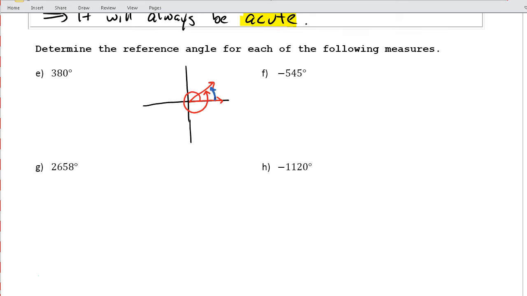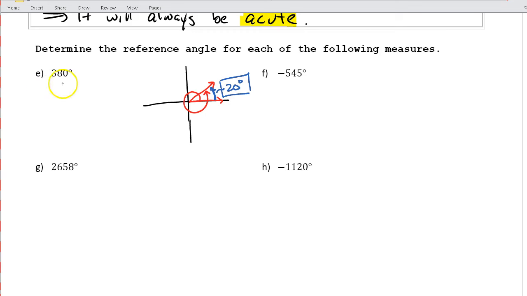Notice it's a positive direction. It's formed with the x-axis, and it's also acute. So in this case I went 20 degrees past 360, and that would be my reference angle.